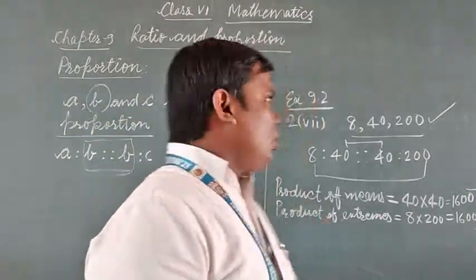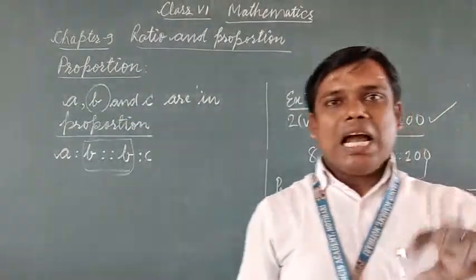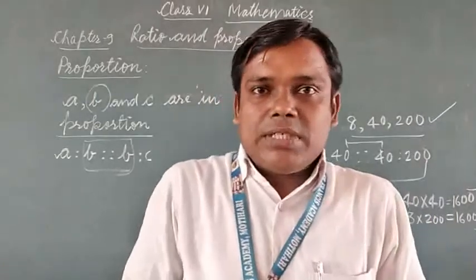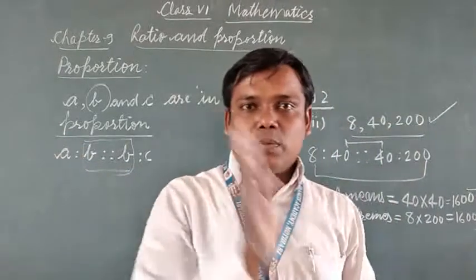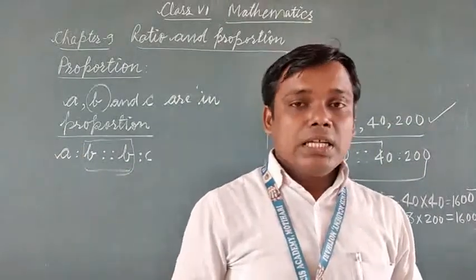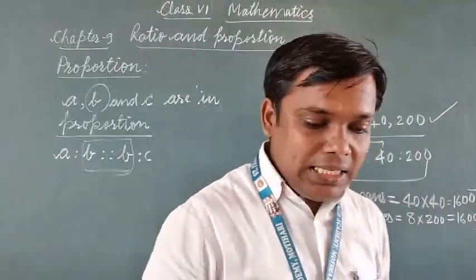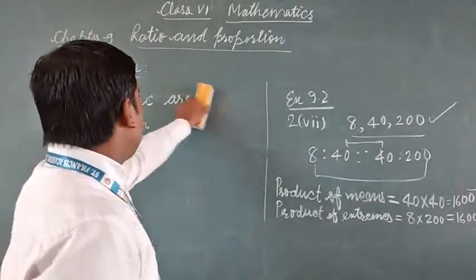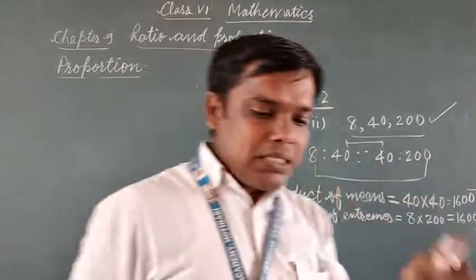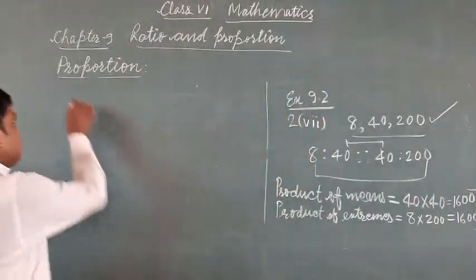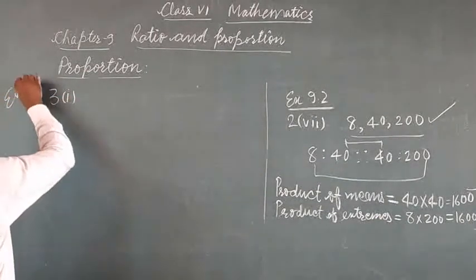Clear? Sometimes questions are asked where some numbers are given in proportion and some variable terms are given, that is x, y, z, and it asks that if this set of numbers are in proportion, find the value of x. As for example, Exercise 9.2, question number 3, part 1.